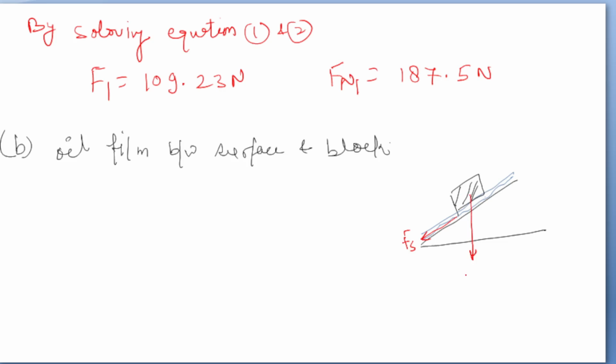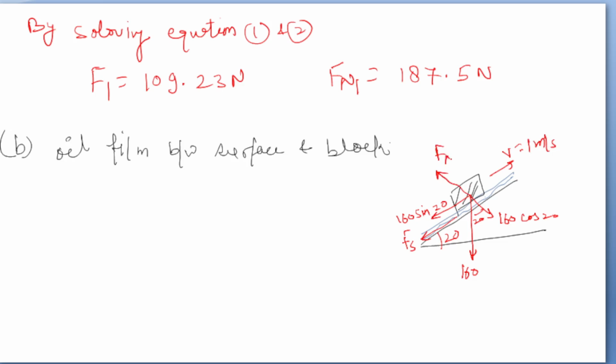This is the weight, with angle 20, so the components are 160 cos 20 and 160 sin 20, and the block moves with a velocity of 1 meter per second.